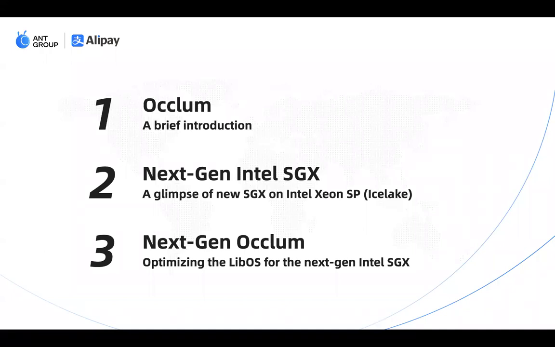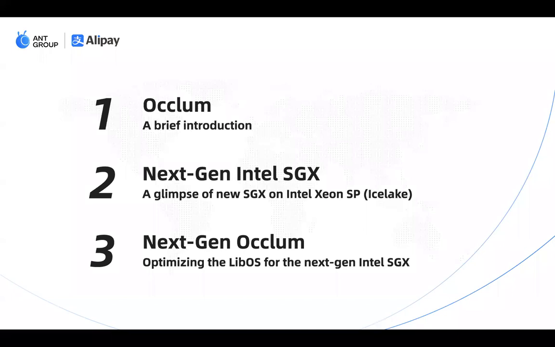The second part is about the new Intel SGX on the third generation scalable processor Ice Lake, and we'll give a benchmark of the performance of the new Intel SGX and see which parts of SGX speed up and which slow down.